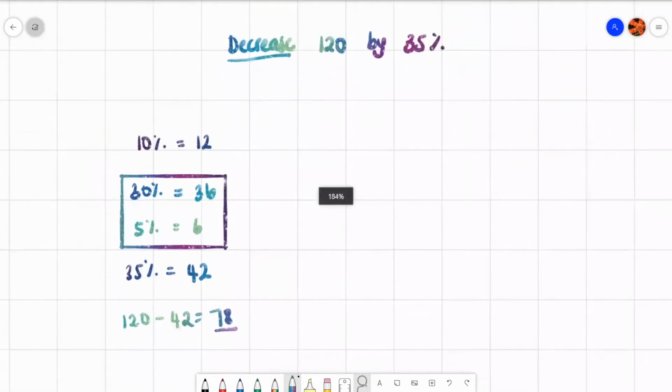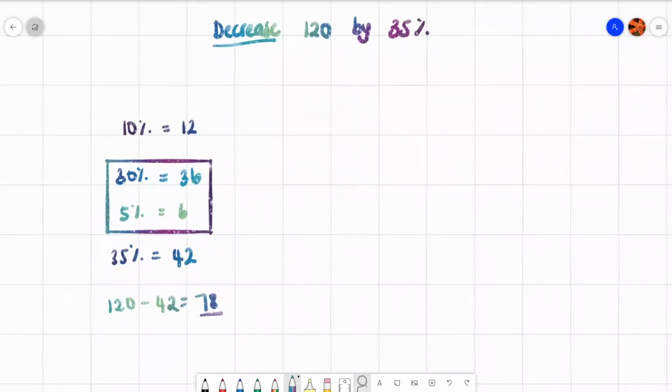Let's have a look at it without doing this. My 100% value, I'm going to subtract 35% off from it. What am I left with? Well, 100 take away 35 is 65%. 65% as a decimal is 0.65. The number that I started off with is 120.